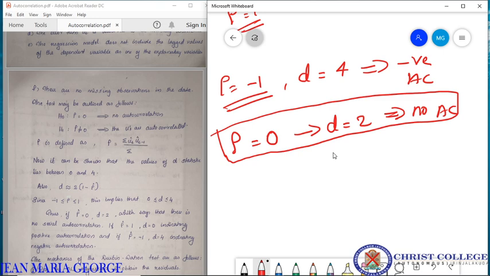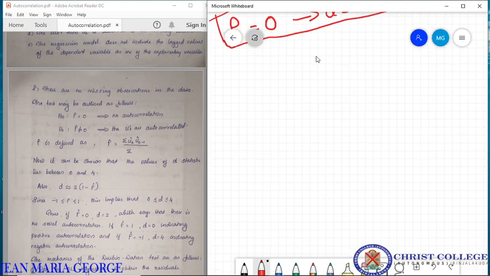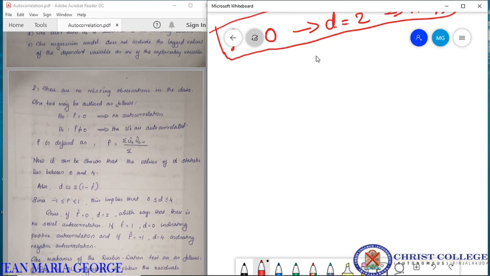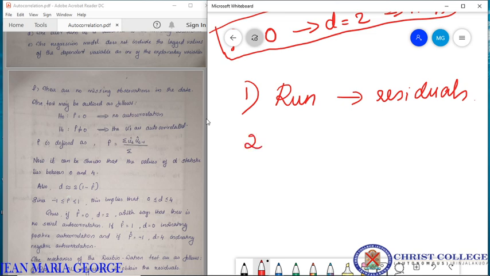Now we have to go to the mechanism of the Durbin-Watson D statistic. Let us explain it step by step. First step, we run the OLS regression and obtain the residual terms. Find out the values of the error terms. Second, compute the D value. From where will we get the D value? In the initial part, we have already defined the D statistic.